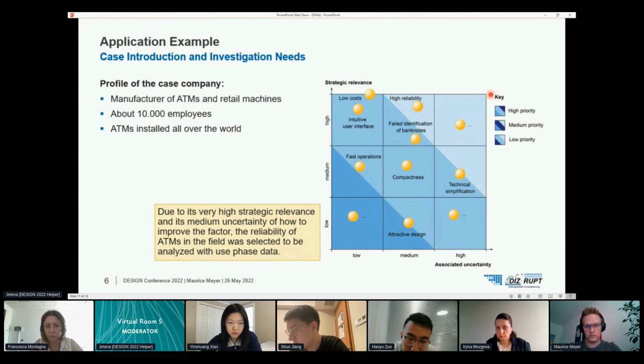The upper right corner is especially important, as these investigation needs have a medium to high strategic relevance and also a medium to high associated uncertainty. On the following slides, we'll focus on the high reliability that for the manufacturer has a very high strategic relevance and a medium associated uncertainty.